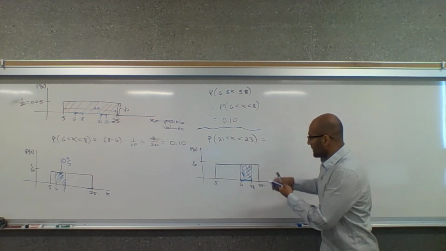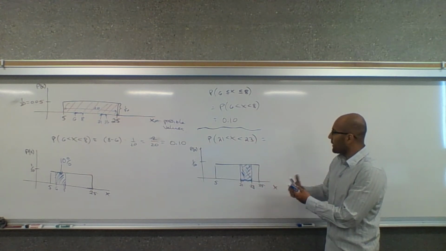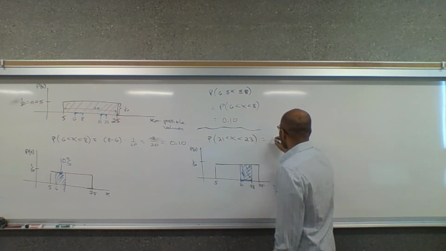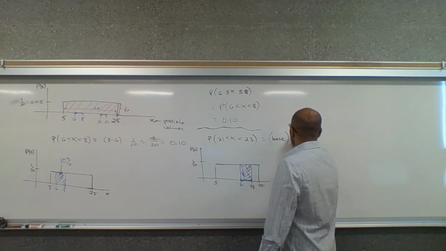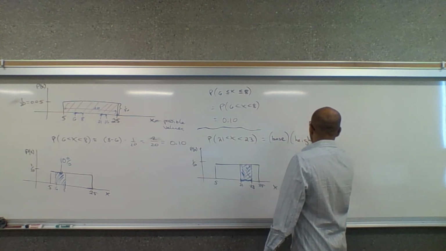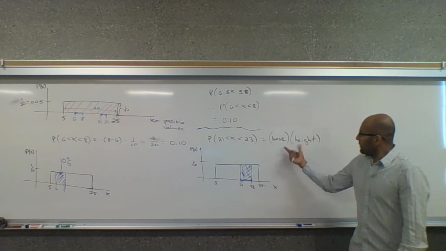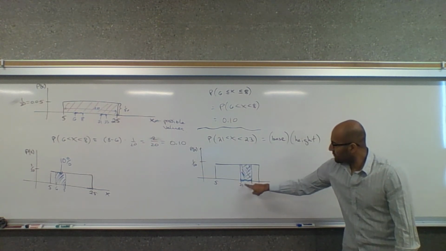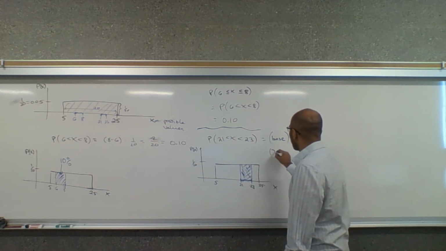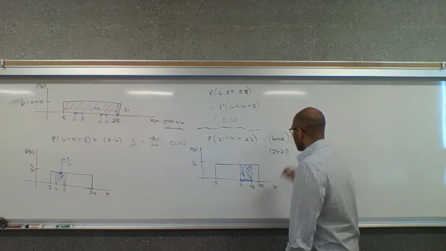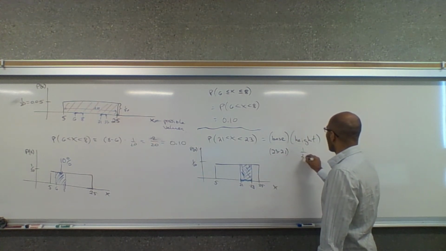So in this case, it would be this rectangle right there. The area of a rectangle is equal to base times height. It's the general formula for any rectangle. And the base is just 2 units. It's equal to 23 minus 21 times its height, which is equal to 1 over 20.